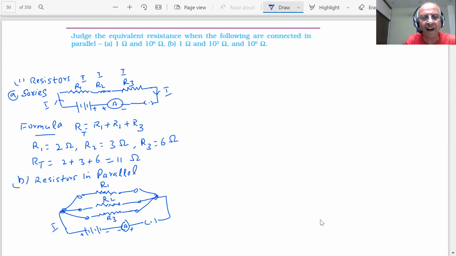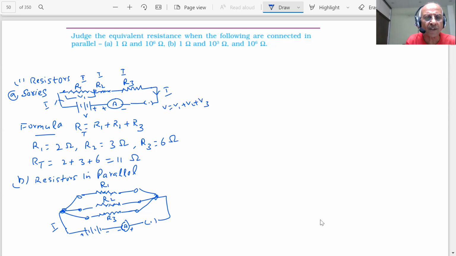The current will get divided, students. Here the potential difference V was divided. This was V1, V2, V3. If this is V, we said V is equal to V1 plus V2 plus V3.